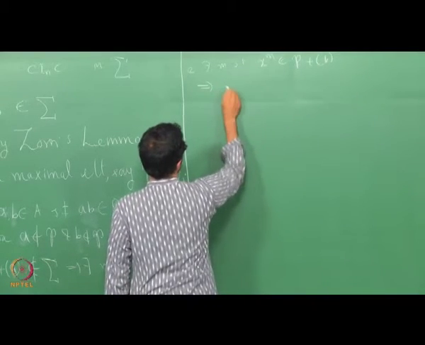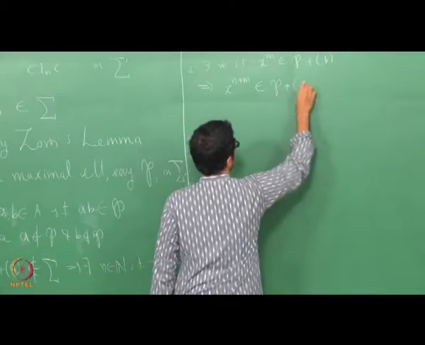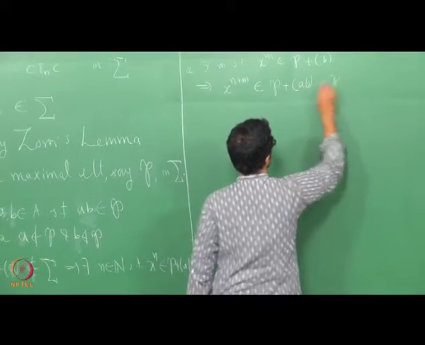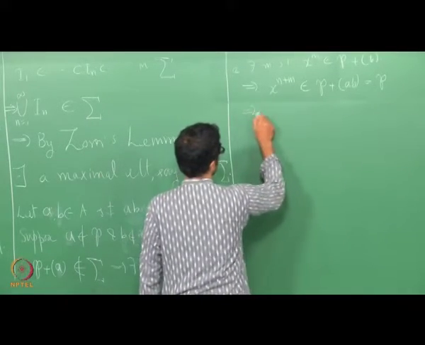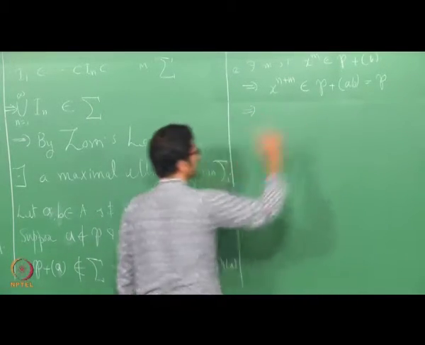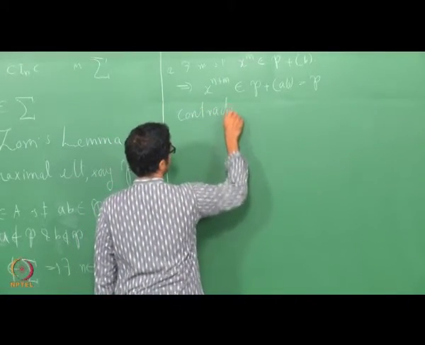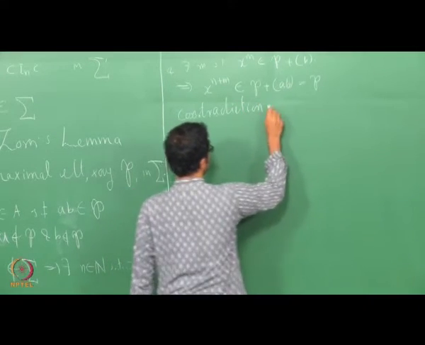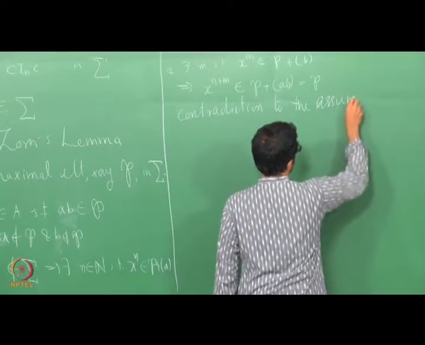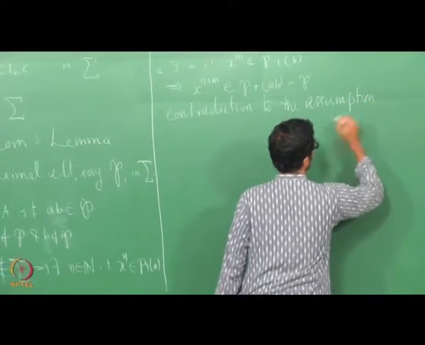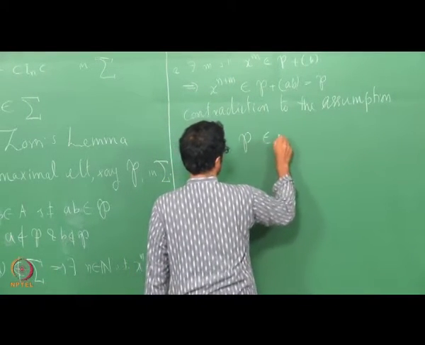So, this would imply that x power n plus m belongs to P plus AB, which is P because AB belongs to P. Therefore, that is a contradiction because P belongs to sigma.